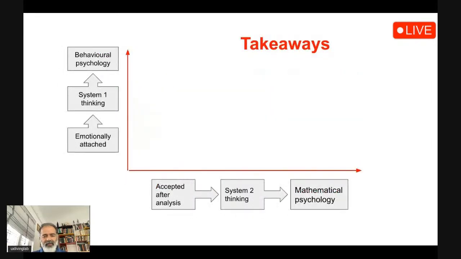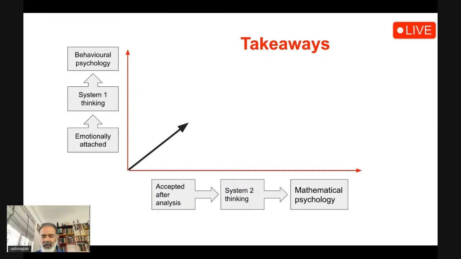Okay, what are the takeaways? As I said earlier, one aspect is emotional attachment, system one thinking, then behavior psychology. Another aspect, after analysis, is system two thinking and mathematical psychology. A consumer has these two aspects.